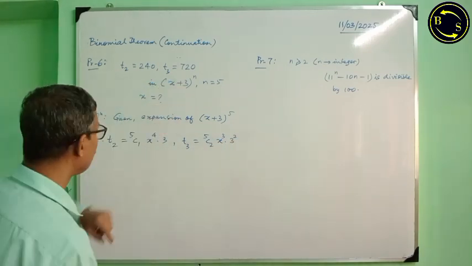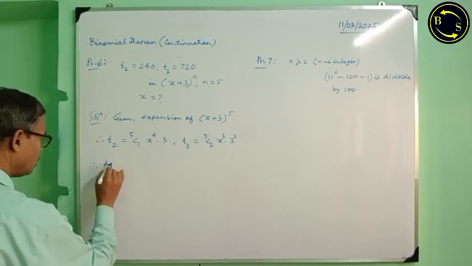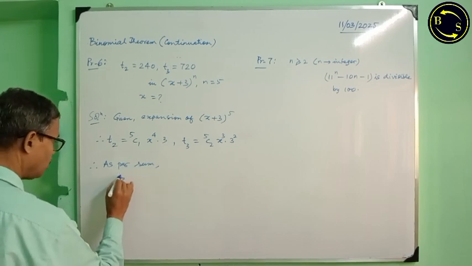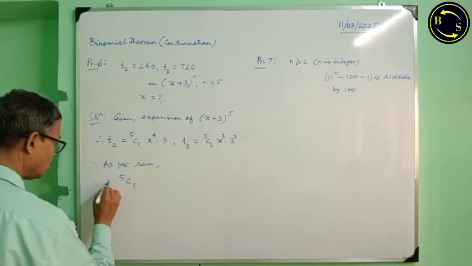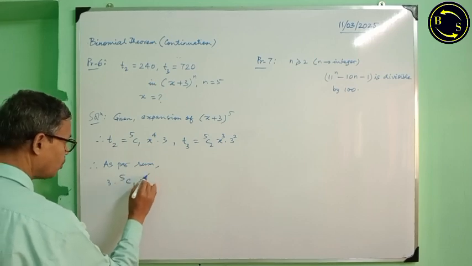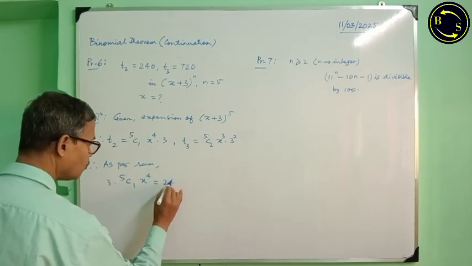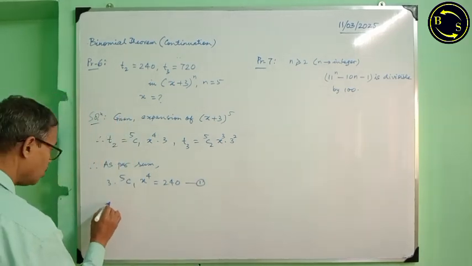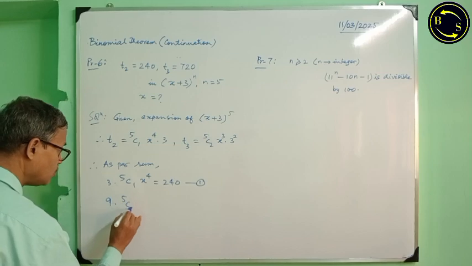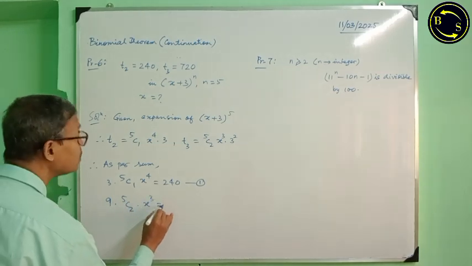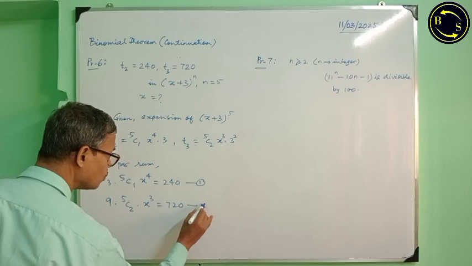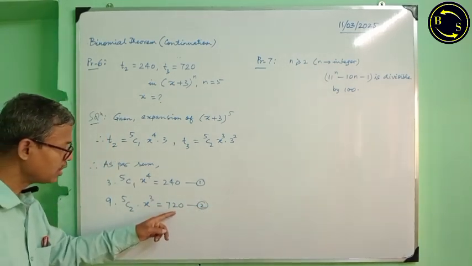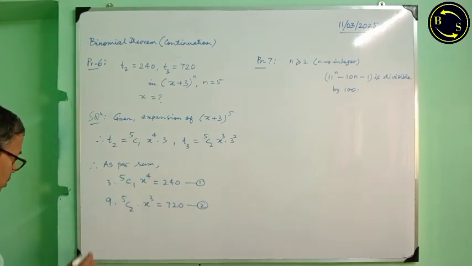Already given these two, therefore as per sum, 5C1, I write 3 in front, x to the power 4 is equal to 240, call it 1, and 9 into 5C2 x cube is equal to 720, this is 2. Now I divide, as it is larger, I divide 2 by 1.